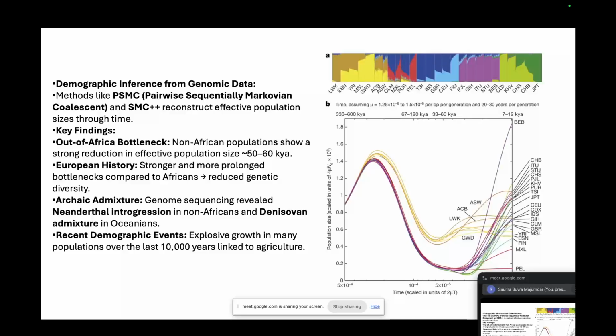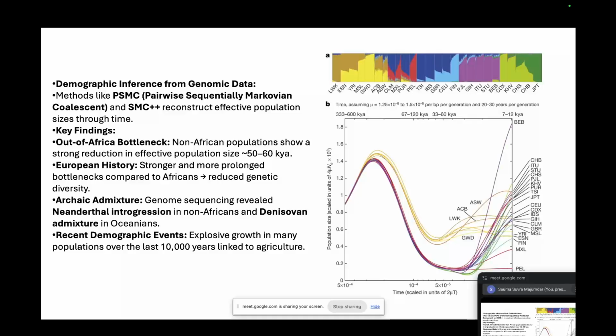So we can determine the age of these variations using probabilistic models, and from there we estimated that humans originated in Africa, and there was a bottleneck event, the out of Africa bottleneck, around 50 to 60,000 years ago, where humans came out of Africa and then settled in different places of the world, right?